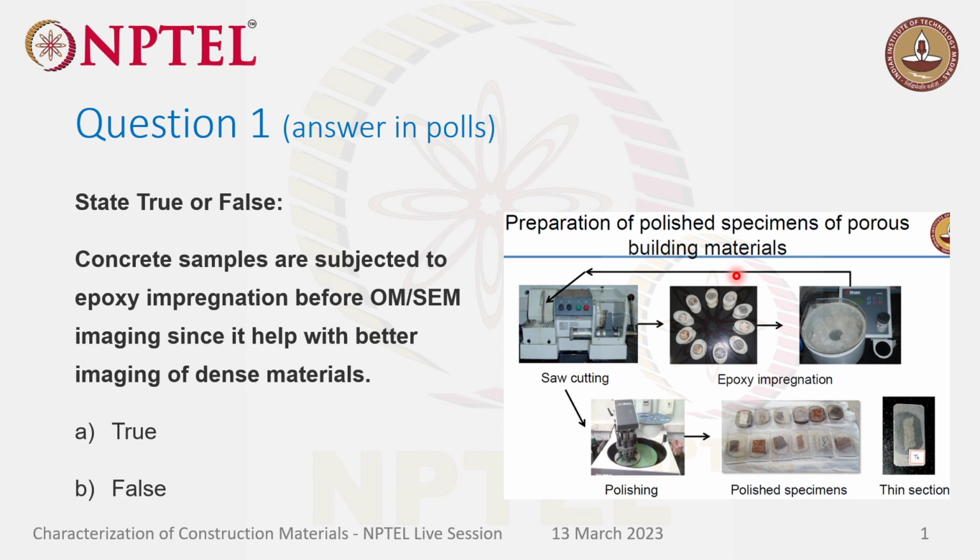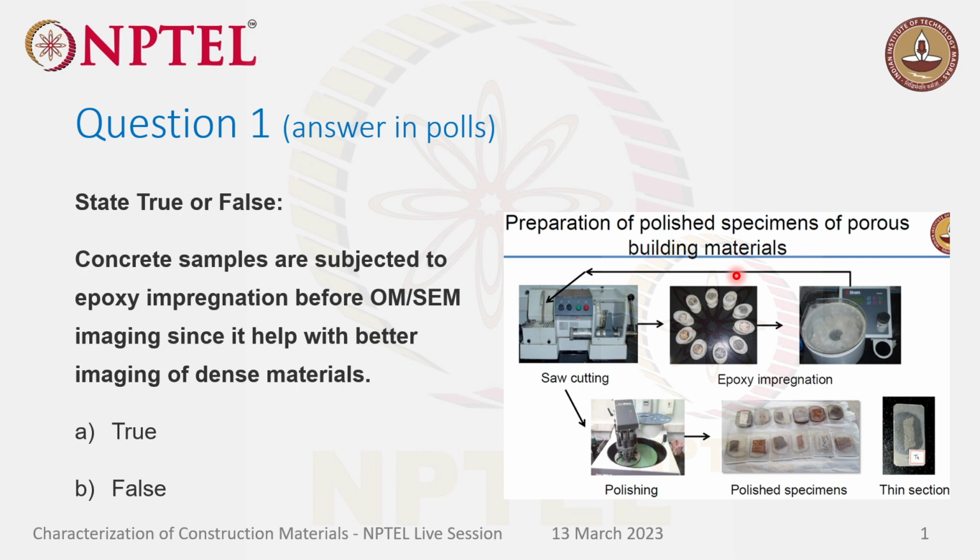If you take it and polish it, it will break; it will come into pieces and chunks. So we can't polish such porous samples. In that case, we need to impregnate epoxy, which will intrude into the pores from the surface. Then if we polish further, the structure will not deteriorate further. That is the reason.